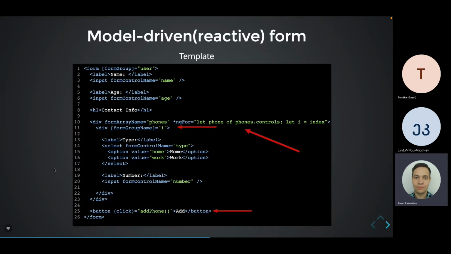And to reflect these changes, we still need to iterate over controls instead of a regular object. We iterate over controls and assign each of them to the index of the array, because in the reactive forms, each control, each single array item, which is the phone control, has the same name as the index of the array. So I guess nothing complex here.